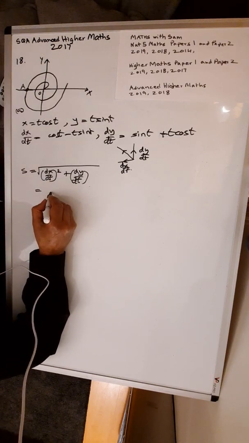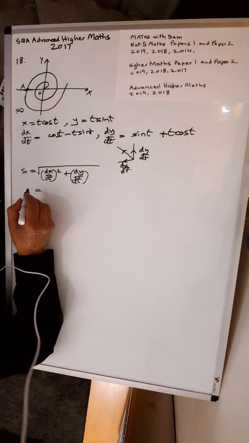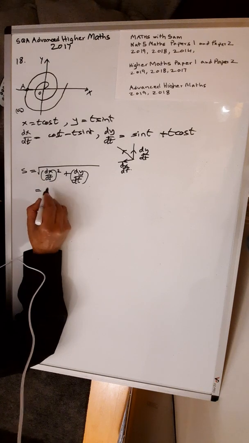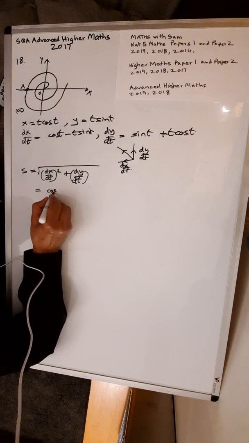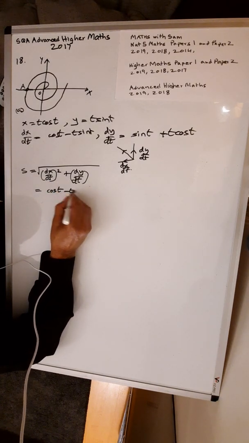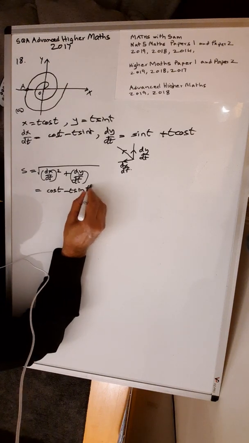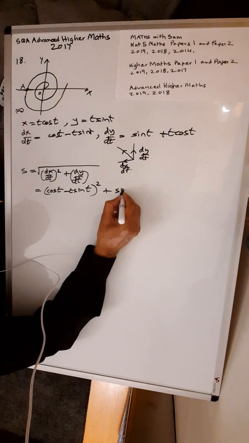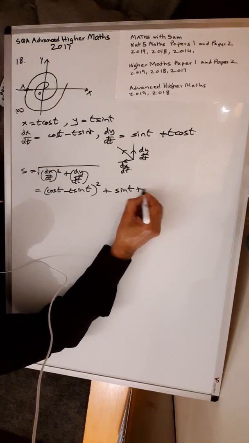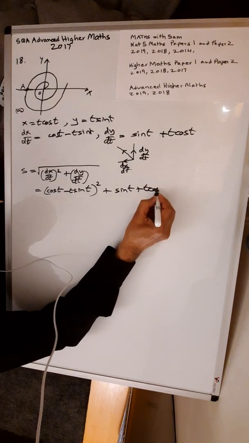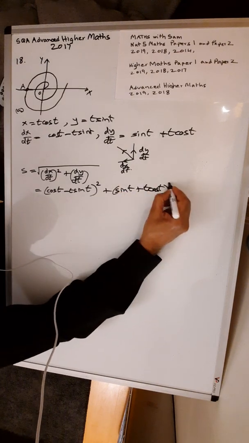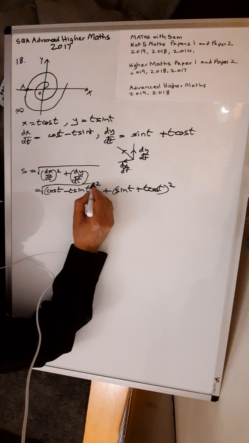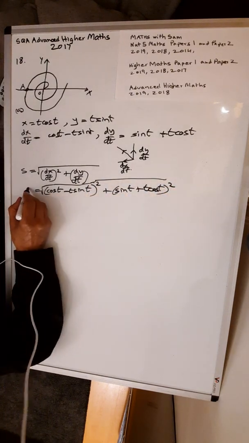If you work out the square first, just work that out just now. So cos t minus t sin t all squared plus sin t plus t cos t all squared. Let's just keep the square there just now. Right, so that's the speed.